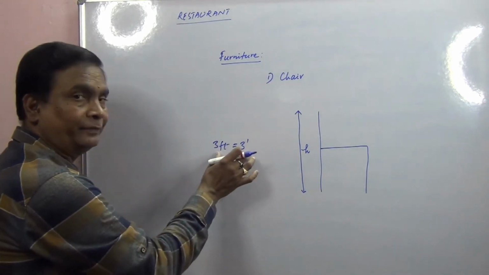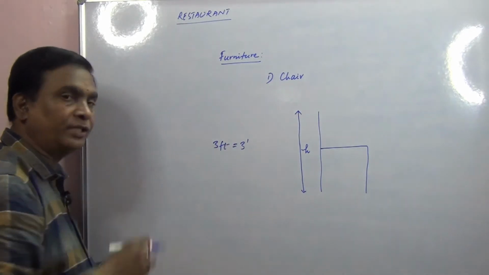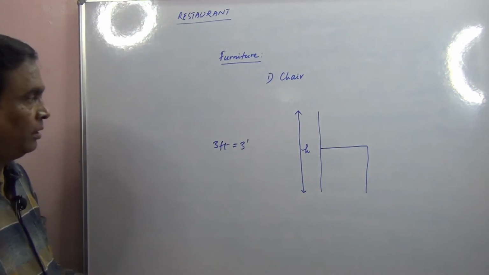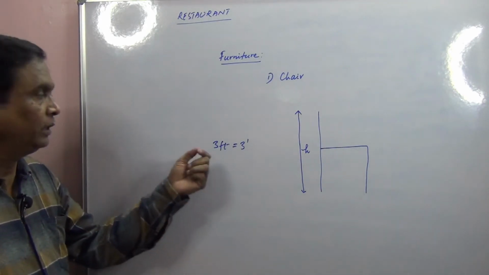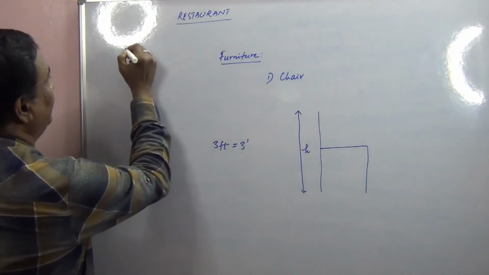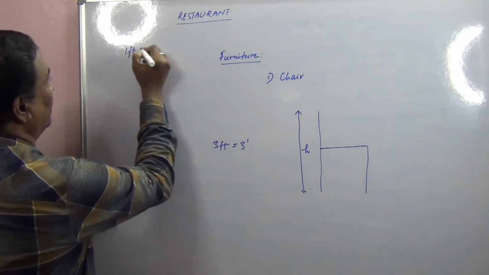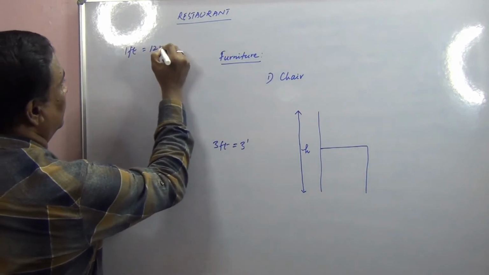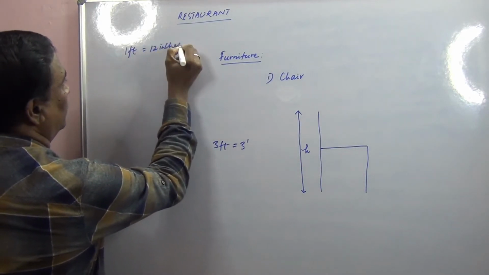Now if you want to convert feet into inches, we should know 1 feet equals how many inches. Here 1 feet equals 12 inches.